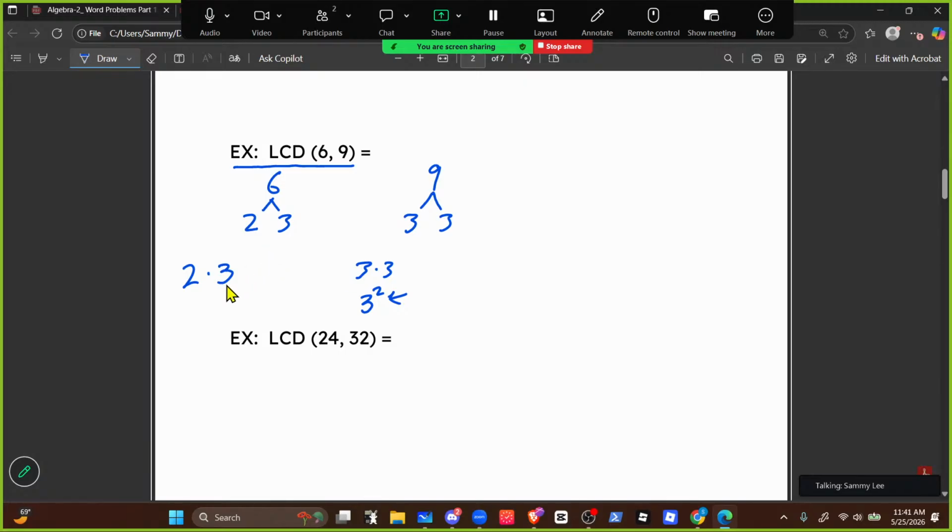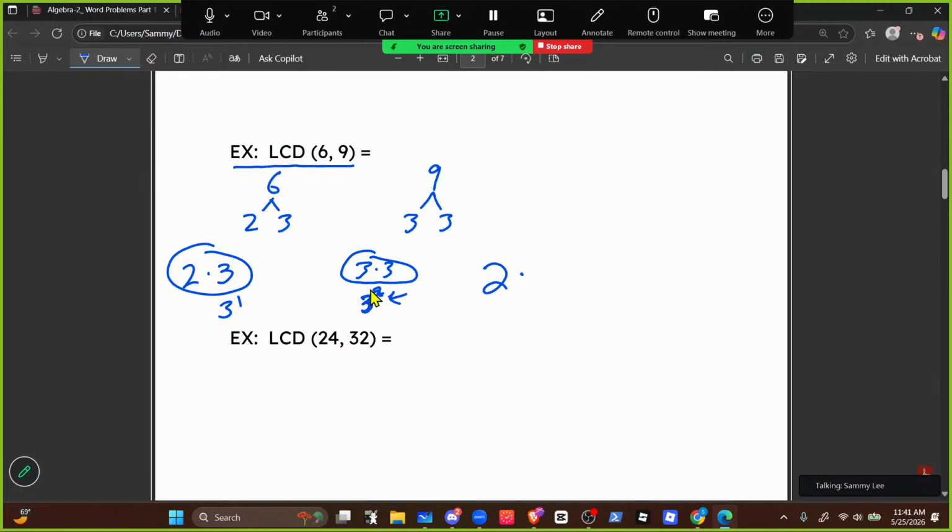So to find the LCD, what you're going to do is take the product between this and this. So we're going to take out a 2 because that's a factor. But notice how both prime factorizations contain 3 as a factor. Here we have 3 to the first power, and here we have 3 to the second power.